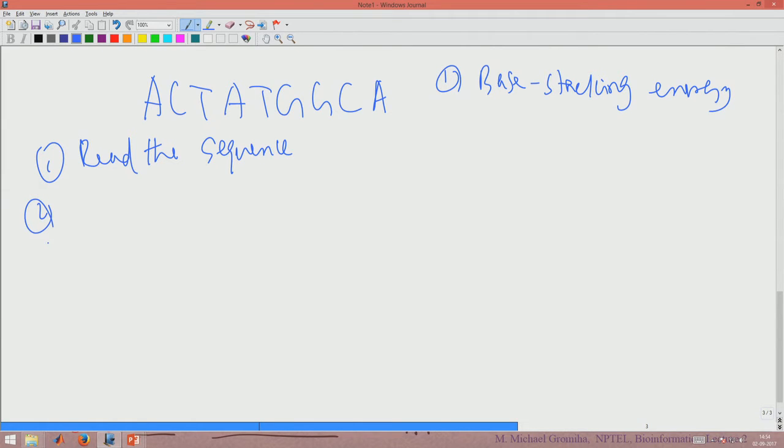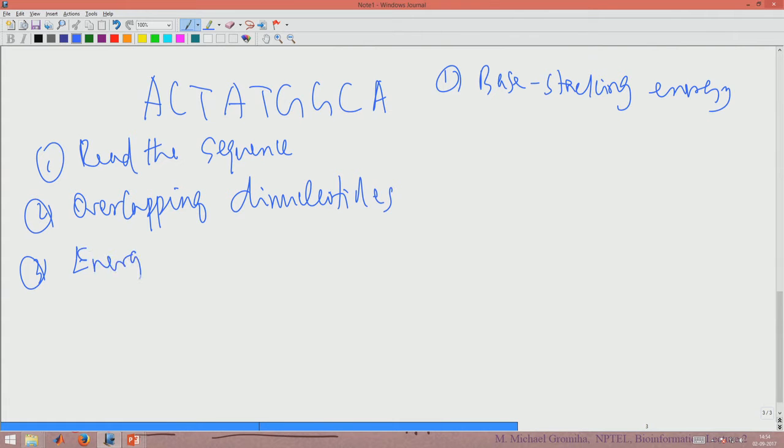Now the overlapping dinucleotides. We have the overlapping dinucleotides, and then we need the table, the base stacking energy values for all dinucleotides. And then what to do?